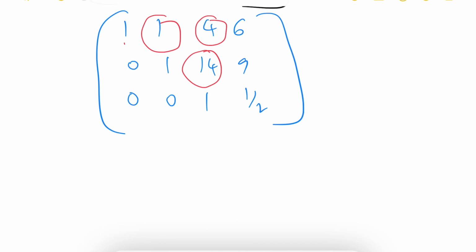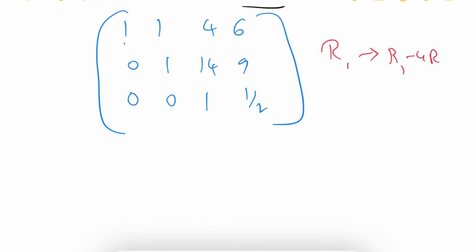So for that what I will do is, row 1 I will take it as R1 minus 4R3, so that this will become 0 then. Next the same way R2 I will take it as R2 minus 14R3, so that this will get 0.